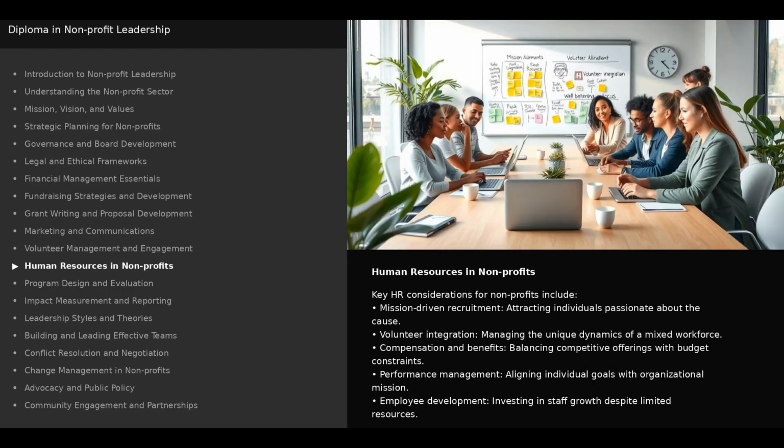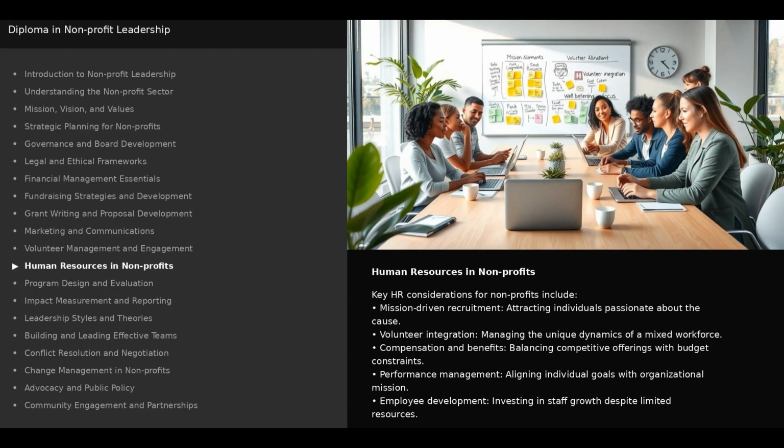Key HR considerations for nonprofits include mission-driven recruitment, attracting individuals passionate about the cause; volunteer integration, managing the unique dynamics of a mixed workforce; compensation and benefits, balancing competitive offerings with budget constraints; performance management, aligning individual goals with organizational mission; employee development, investing in staff growth despite limited resources; work-life balance and well-being, addressing potential burnout in mission-driven roles.